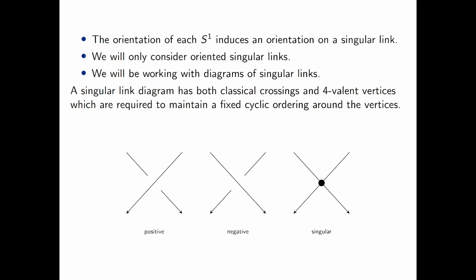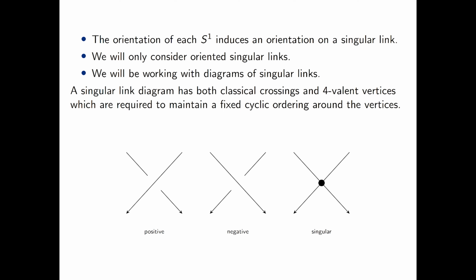The next thing to note is that we're not going to be working with the singular link itself. We're going to be working with diagrams of these singular links. So we're going to be referring to these as singular link diagrams. So in a singular link diagram, you have both the classical crossings and you have four valent vertices. So for these four valent vertices, we require that there's a fixed cyclic ordering around the vertices.